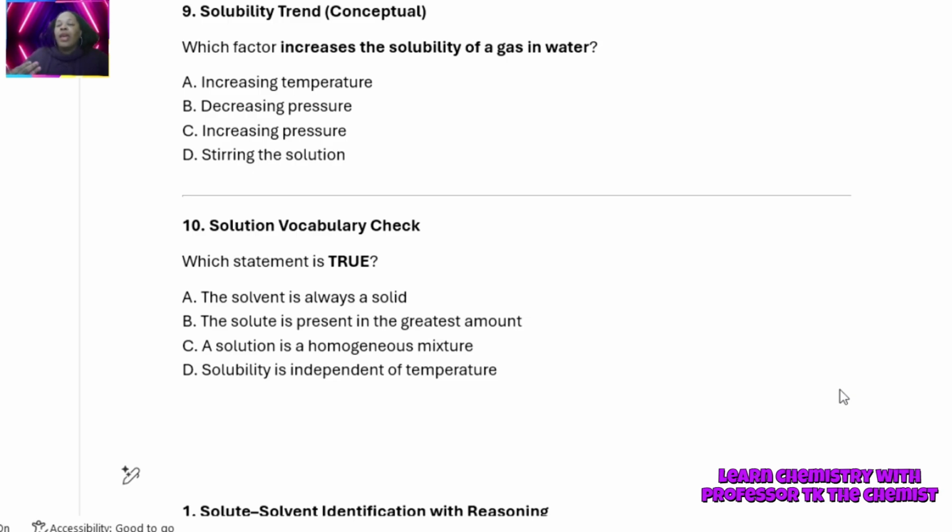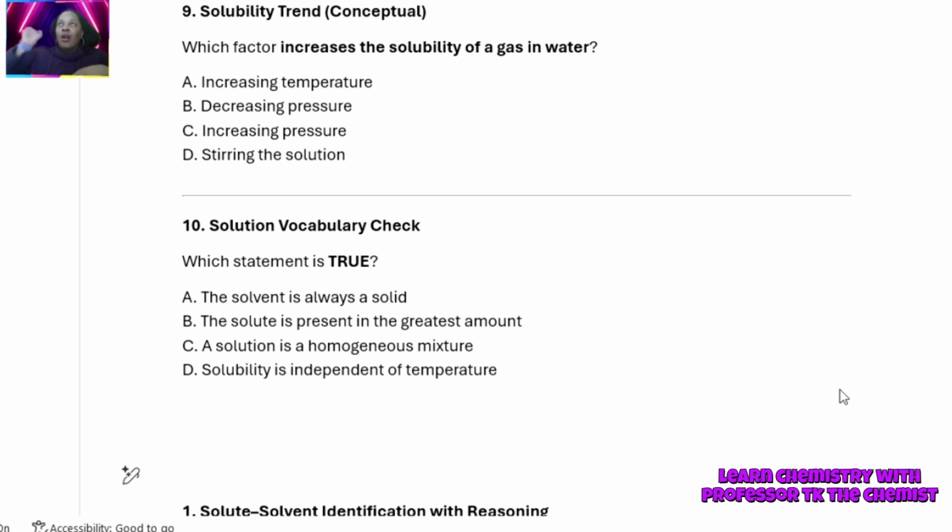Now, if you increase the temperature, then there will be a decrease in your gas solubility. Like, if you take a soda out of the refrigerator, open the can, and let it sit out at room temperature, you wonder why your soda goes flat? It's because the gas is escaping. Warm liquid lets the gas escape more easily. So when you increase the temperature, the gas solubility decreases.